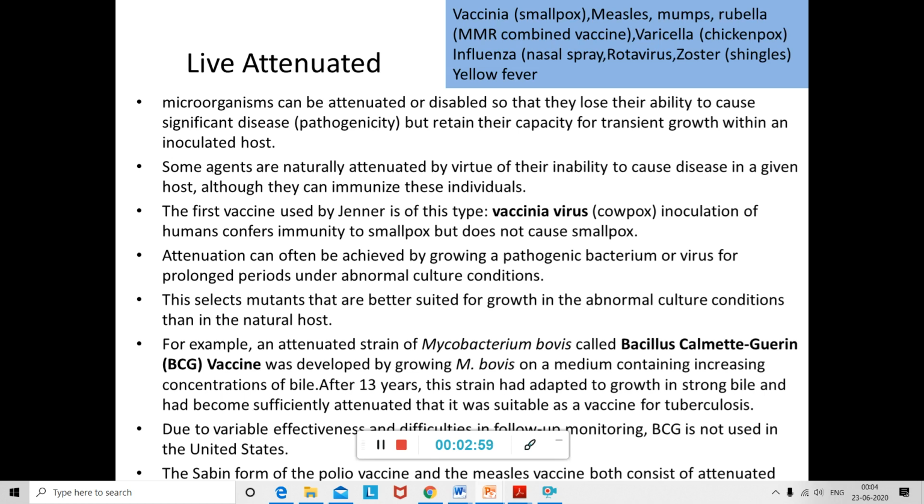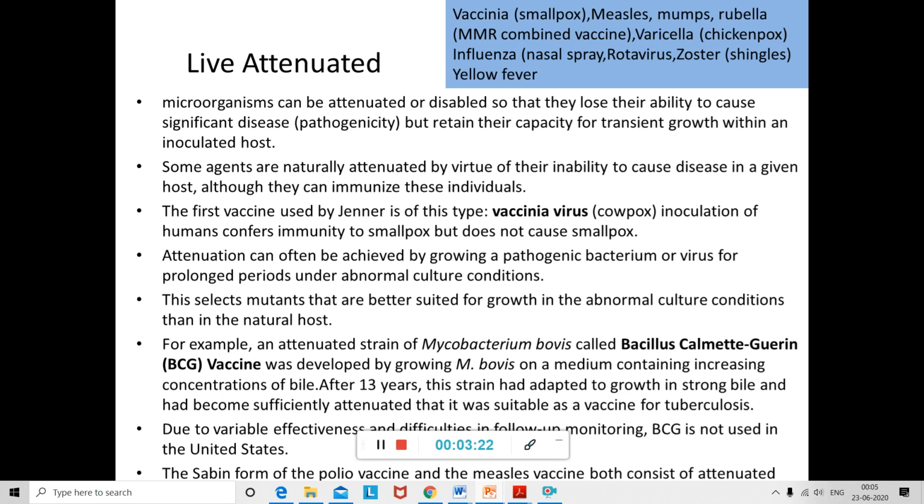So in the case of live attenuated vaccines, you take the bacteria or the virus which you have, and then you make them attenuated. What is attenuated? You make it so that it loses its virulence, or it has no virulence, but it has immunogenicity.